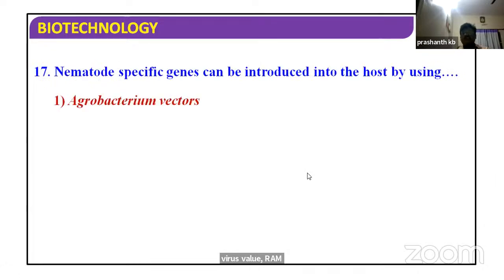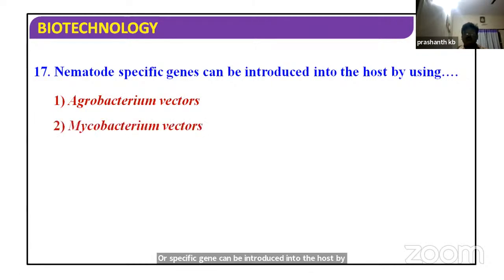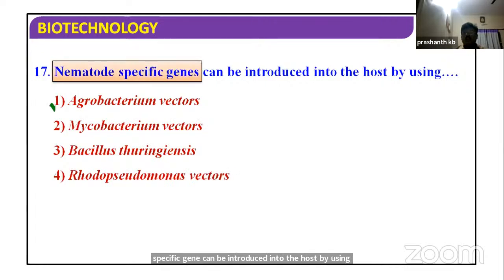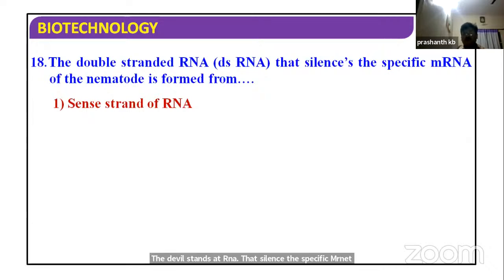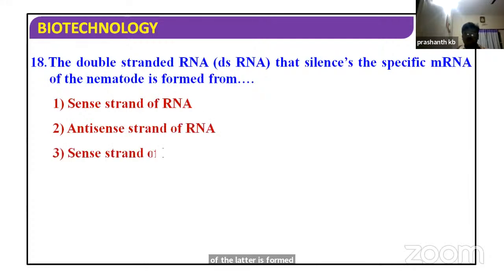Nematode specific gene can be introduced into the host by using Agrobacterium vector. The double-stranded RNA that silences the specific mRNA of the nematode is formed from both 1 and 2.